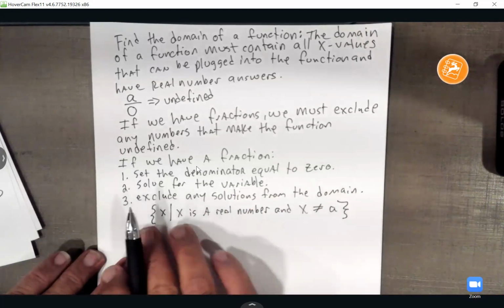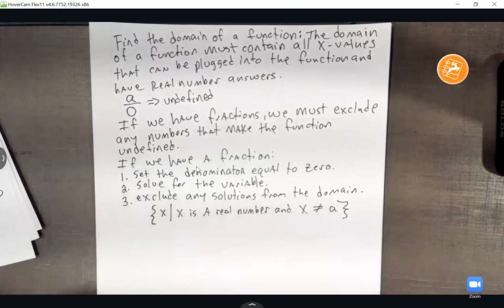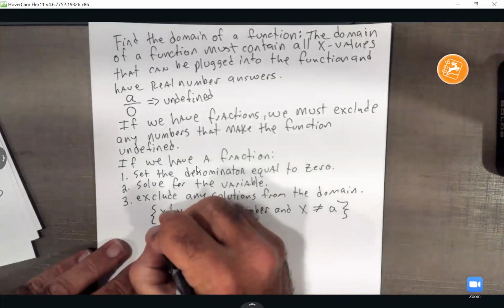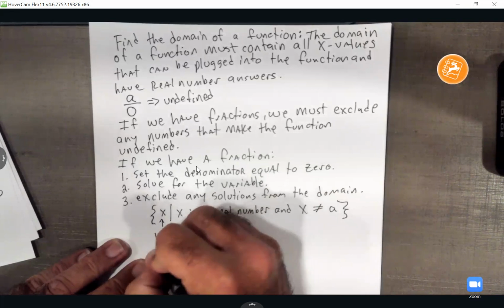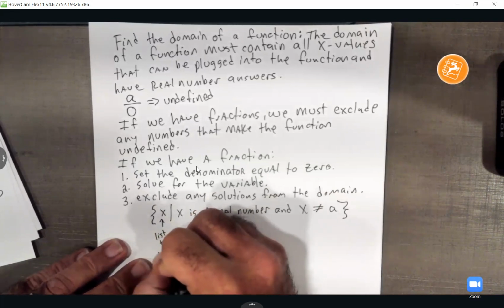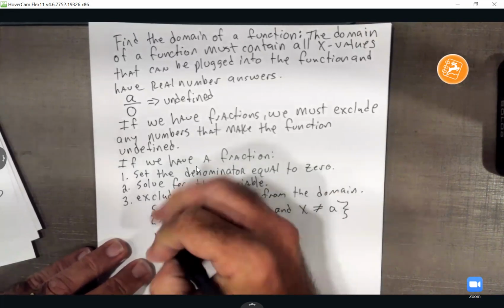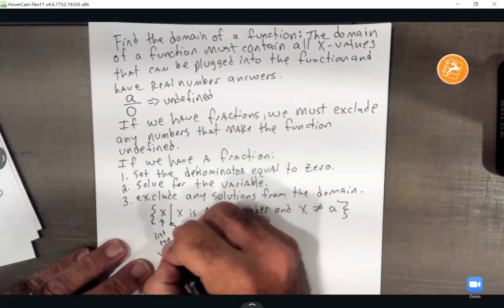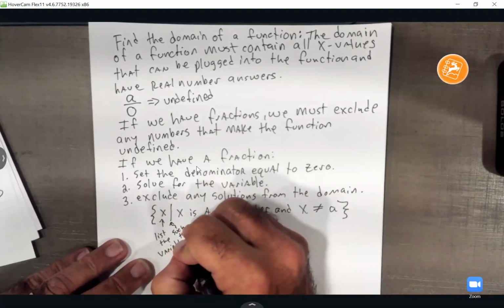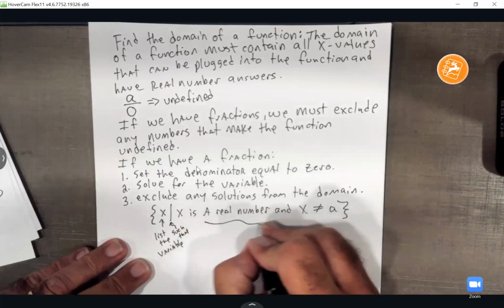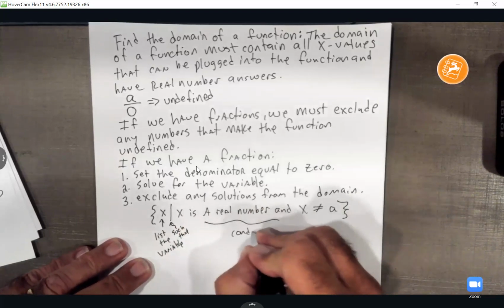Okay, so this is what we call set builder notation expanded for functions. We list the variable. Remember, the bar means such that. And then here is our condition.